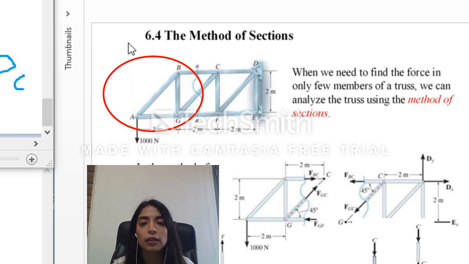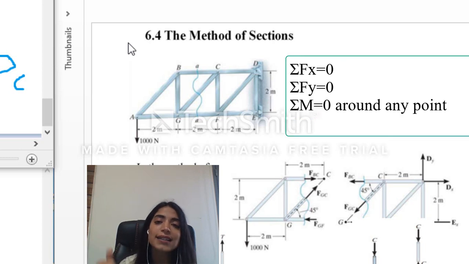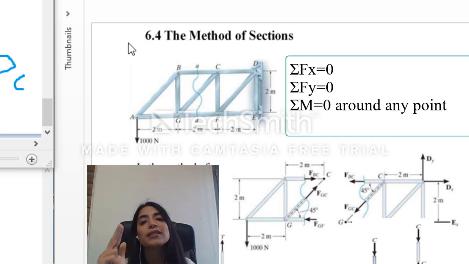And then, since I have 3 unknowns, I should have 3 equations. What are these equations? These equations basically are the equilibrium equations, sum of Fx, sum of Fy, and the sum of moments.